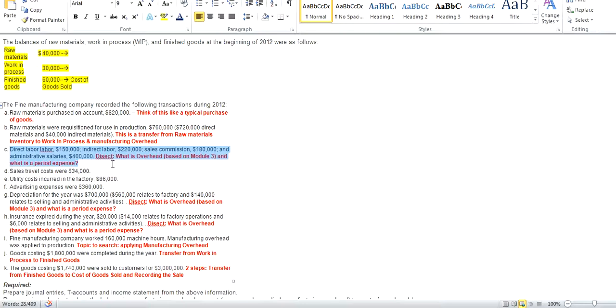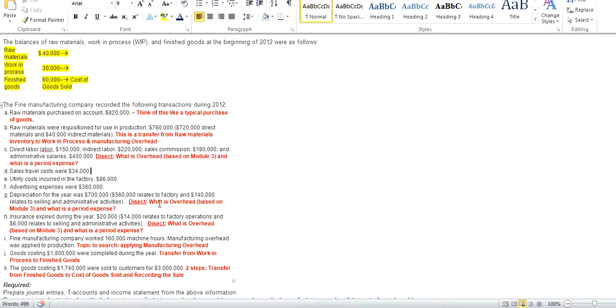The 220 is indirect, not directly traceable to the product, so we're going to debit that to manufacturing overhead. Sales commission is a period cost, not a product cost, so it will go to sales commission expense, and administrative salaries will also be a period expense, debit administrative salaries. And then the credit will be salaries and wages payable, on the assumption that we haven't paid them yet.